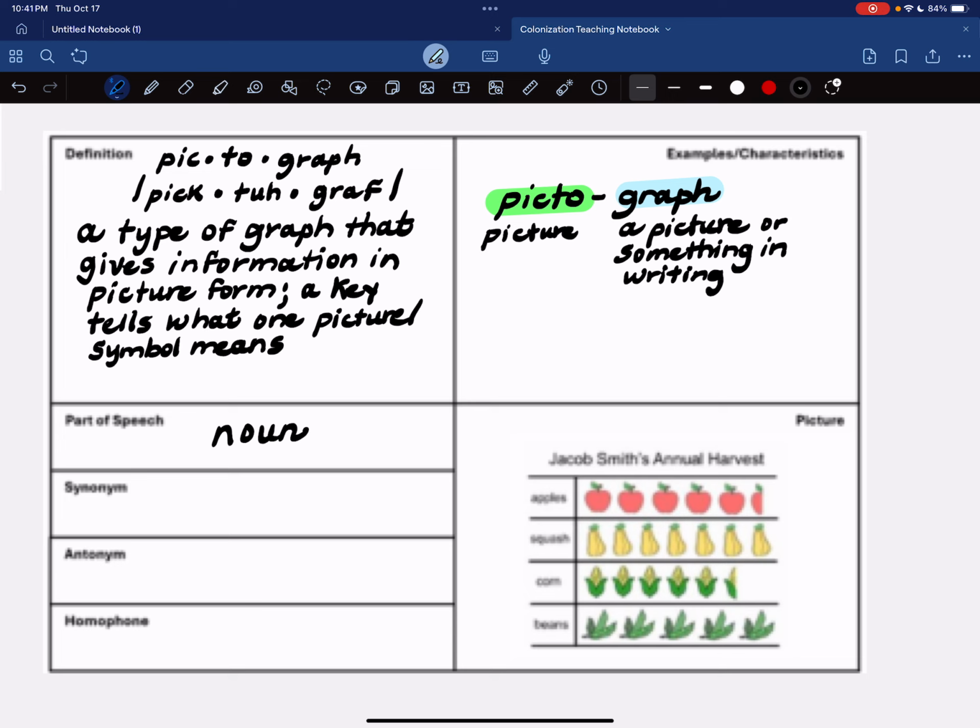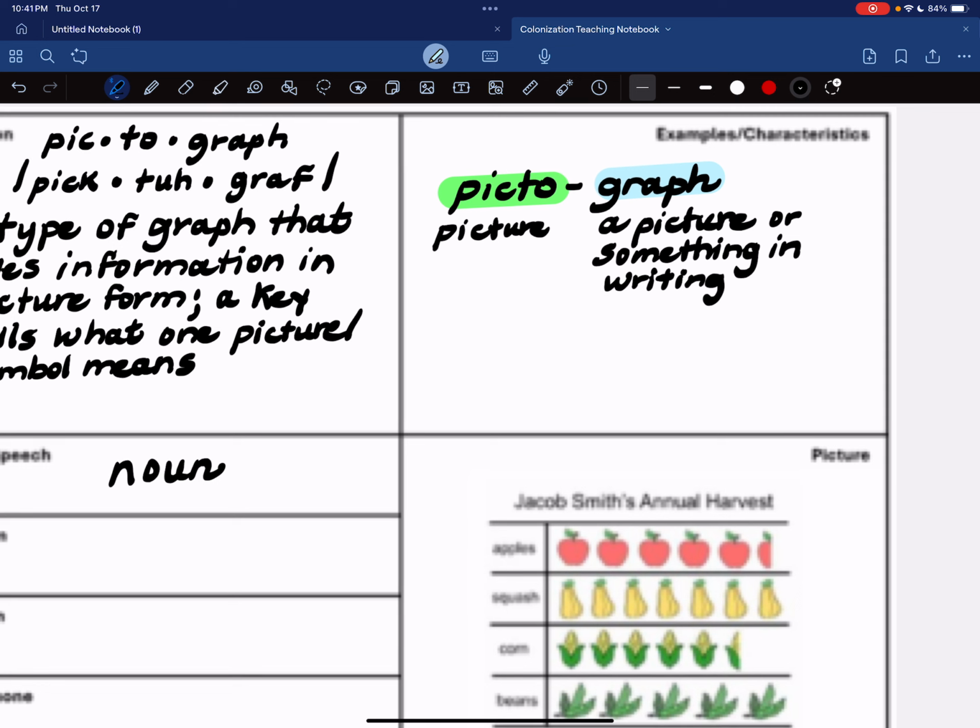Let me show you an example of a symbol. And I can't draw an apple. I wish I could. That's awfully blurry, or I would just take a picture of it. So let me just use a circle here.